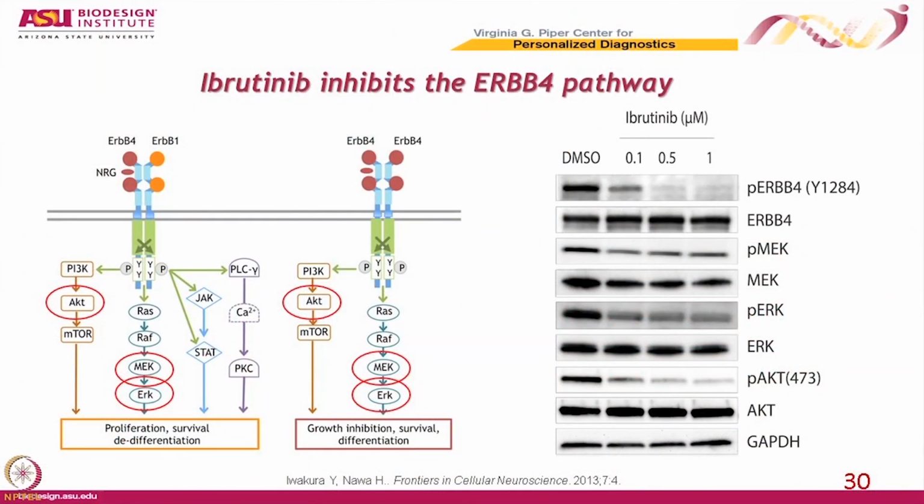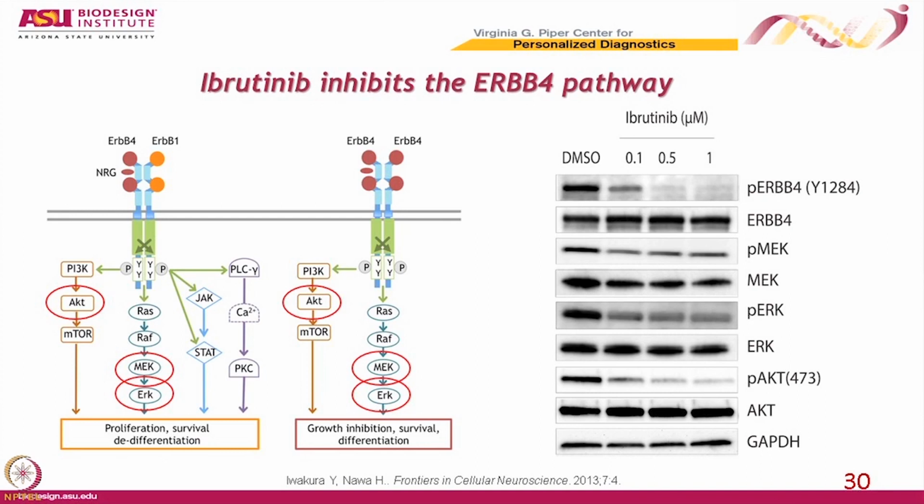And I wouldn't be telling you this if we didn't do that experiment, and that's the result. So here you see that, first of all, ErbB4 itself is less phosphorylated with drug. So that tells you right there that it itself is being inhibited by drug. And then here you see phospho-MEK is going down, not dramatically. Phospho-ERK is definitely going down, and phospho-AKT is certainly going down.